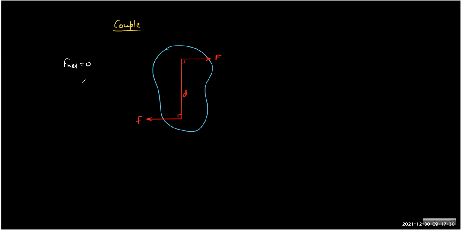Then is the net torque 0? Do you see the net torque is 0? No, sir. Let's say I choose some random point at the center of mass, and say this is x and this is d minus x, so the separation between the forces is d. So what is the torque about the center of mass?